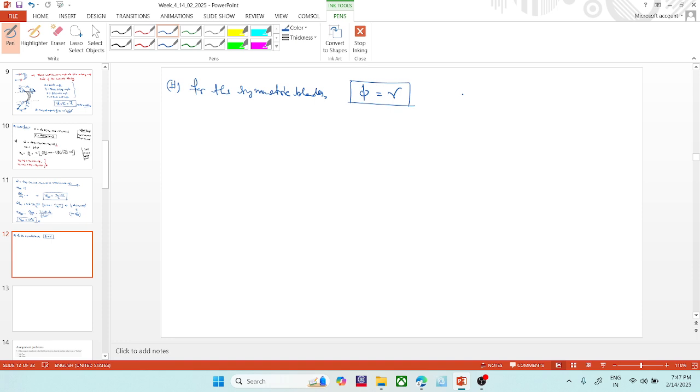Okay, and if there is no friction, then the relative velocity would also be the same.